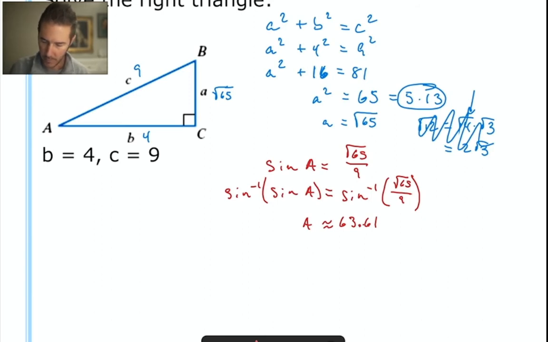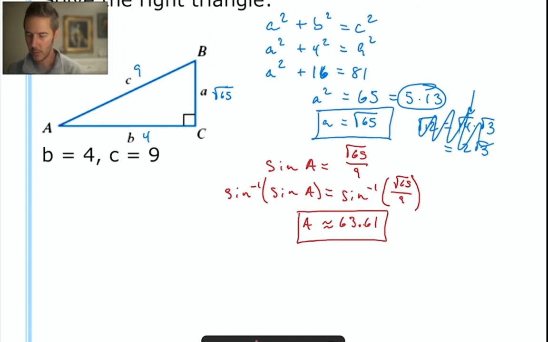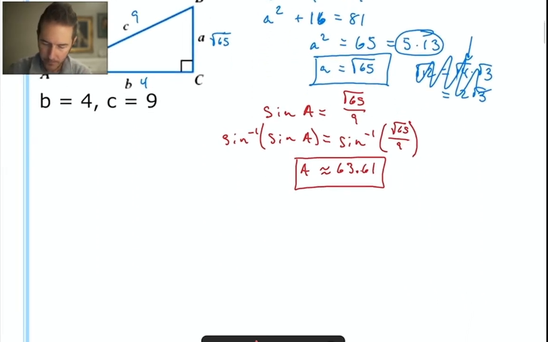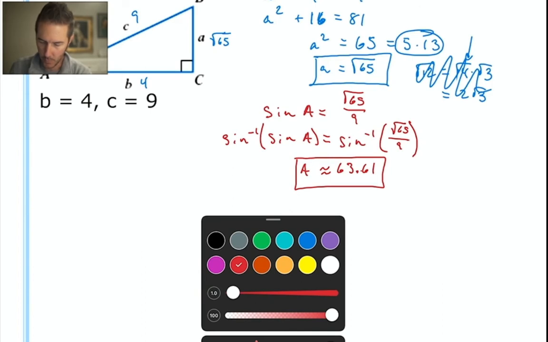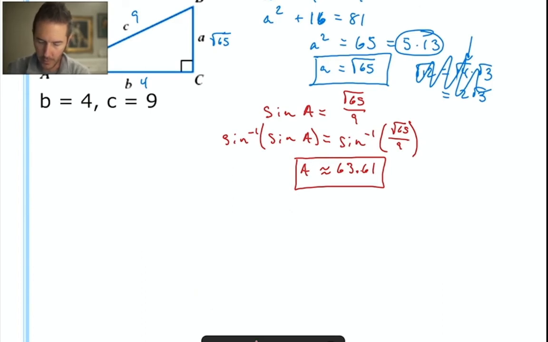And maybe I'll put a box around my lowercase a value, and then a box around this capital A value. And then let's get set up to find capital B. Let's actually use the cosine function this time to find angle B. Let me switch colors just so it's easier to differentiate between one part of the solution process and the other.